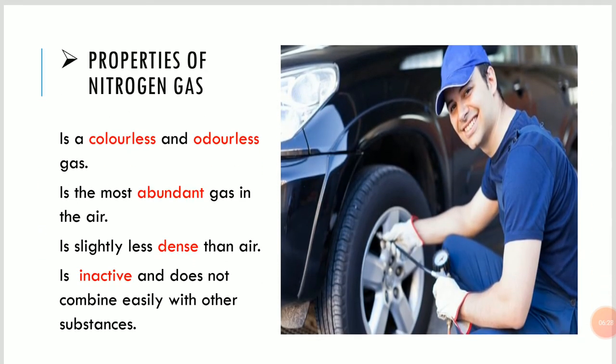Okay, now we are having properties of nitrogen gas. It is a colorless and odorless gas. Colorless means that it does not have any color, and odorless means that it is unscented. It is the most abundant gas in the air, is slightly less dense than air, is inactive and does not combine easily with other substances.